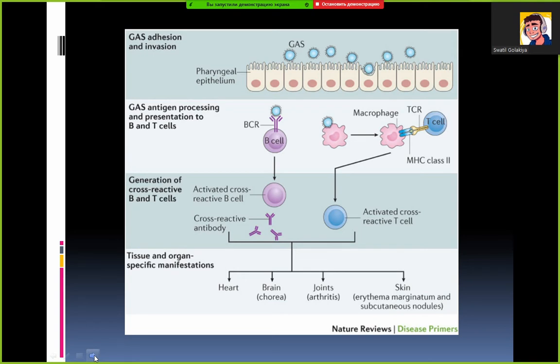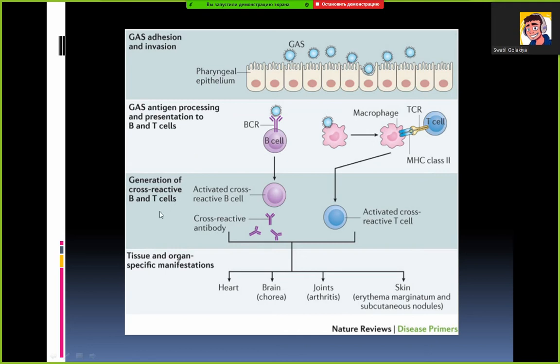This picture illustrates the pathogenesis and pathophysiology of acute rheumatic fever. So the first phase: streptococcus adhesion and invasion in pharyngeal epithelium, then antigen processing and presentation to B and T cells.